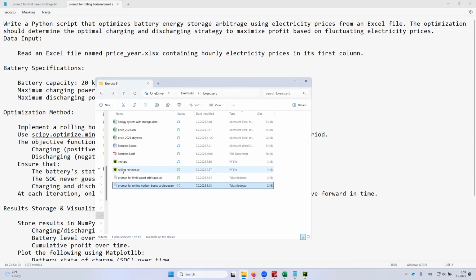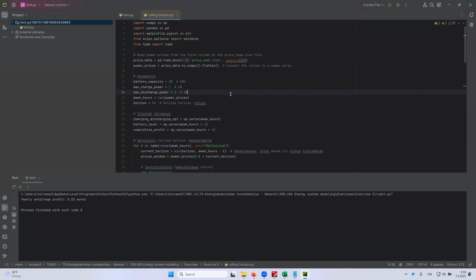So now if I use this rolling horizon, and it's the price for 2023 in here. You can see that there is the progress bar. And we can wait up till it completes the optimization.